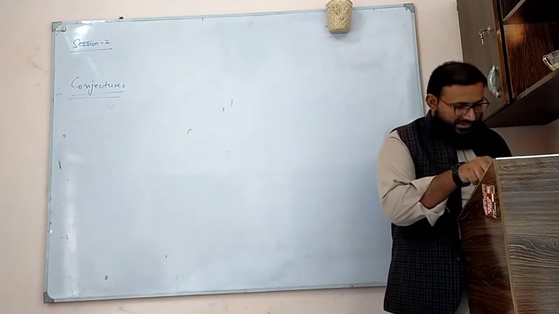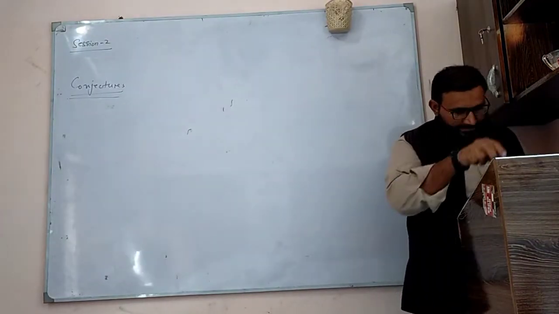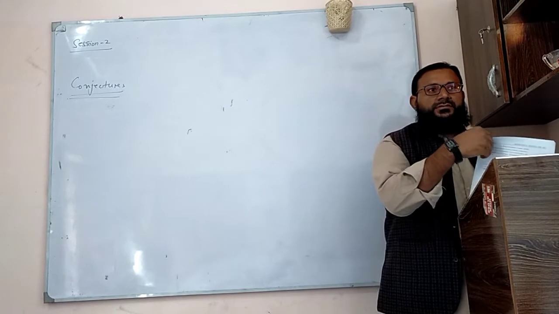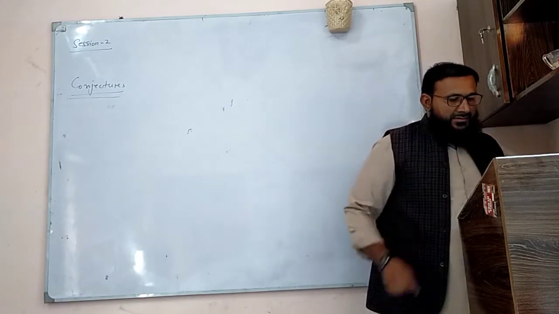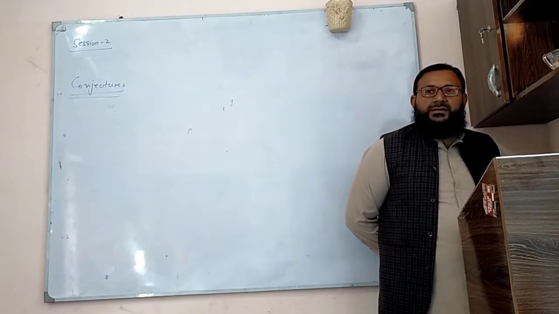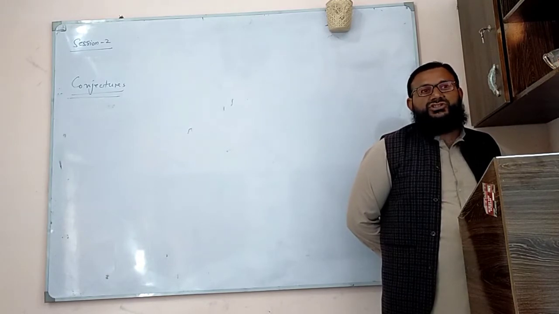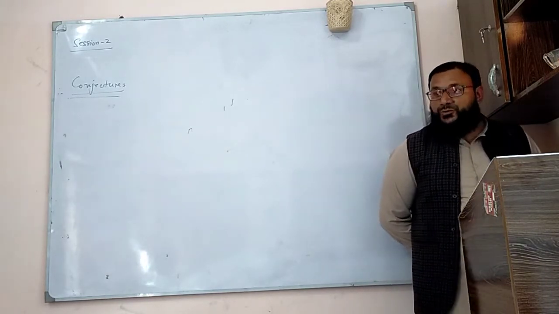Conjecture. Have you heard this thing ever before? So it is simply a mathematical statement that is believed to be true, but without any proof. You have theorems which can be proved.